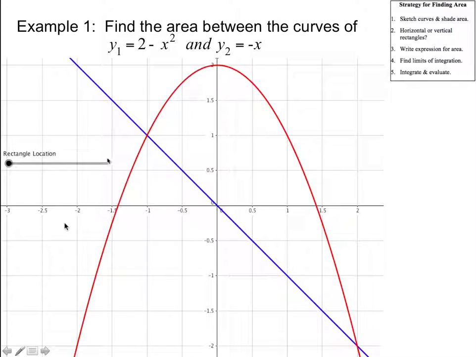So let's go ahead and get a sketch. And there's that parabola in red, and then the line in blue. And we're looking from -1 to 2. So we're looking for that enclosed area. So if we shade in that area, we're looking at finding the physical quantity for the area of that region.